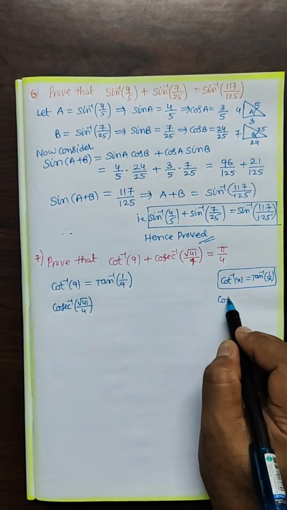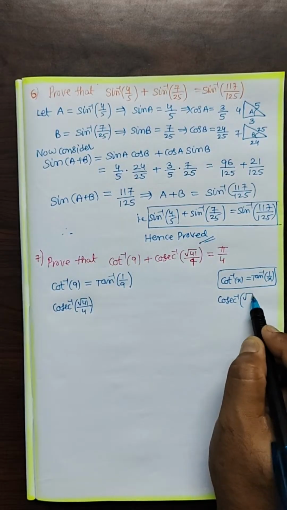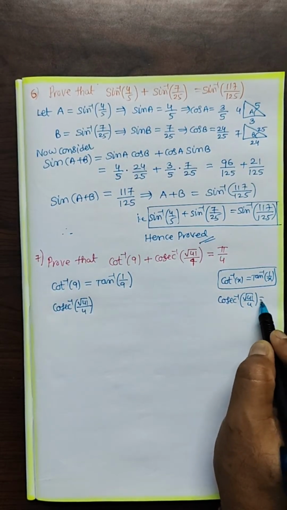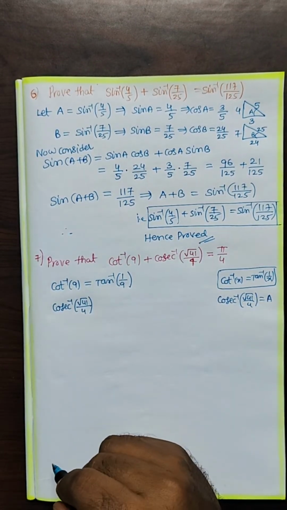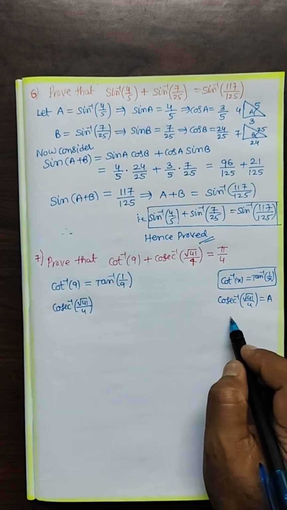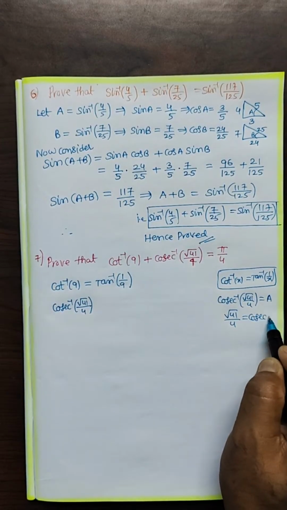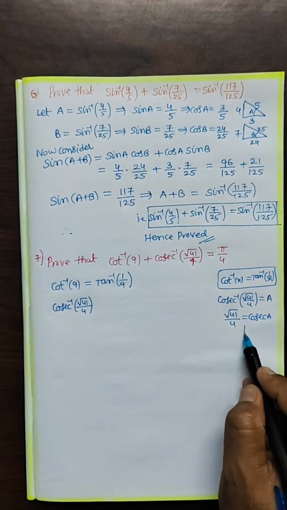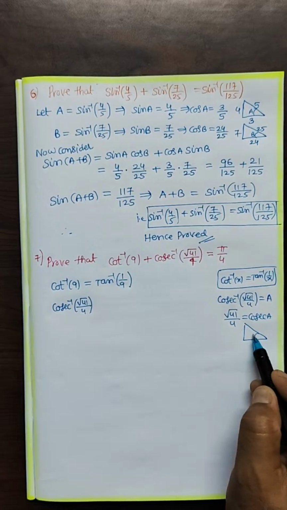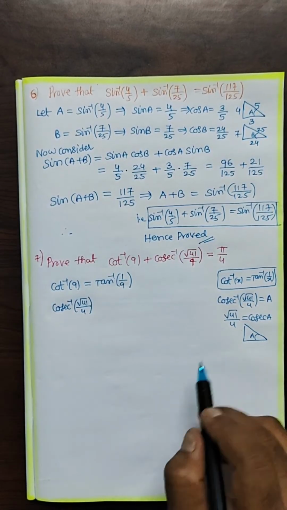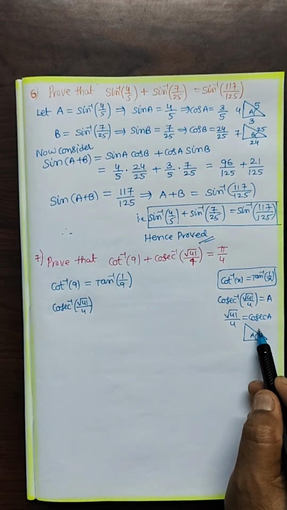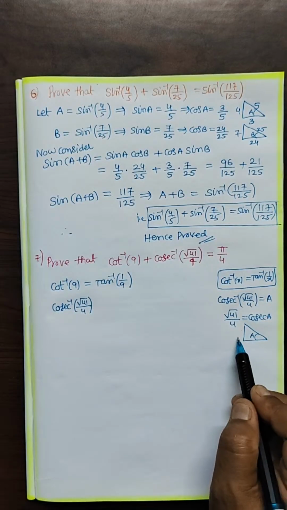So cosecant inverse of root 41 by 4 is equal to some a. So root 41 by 4 is equal to cosecant a. So in a right angled triangle, here the angle is a. Cosecant definition is what? Hypotenuse by opposite.